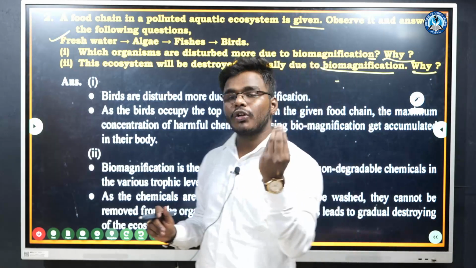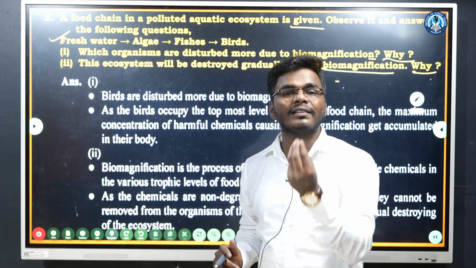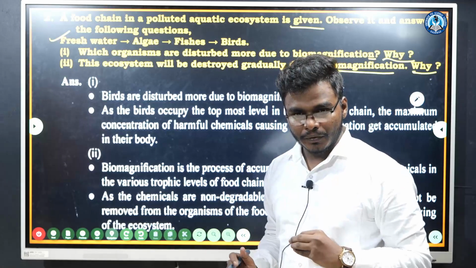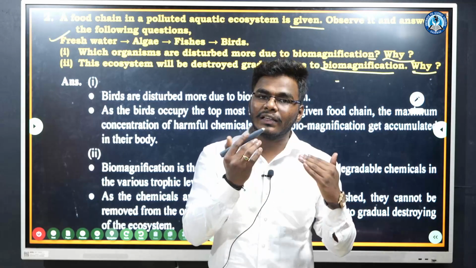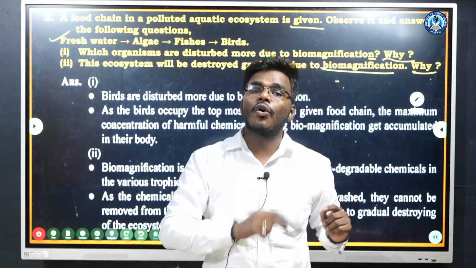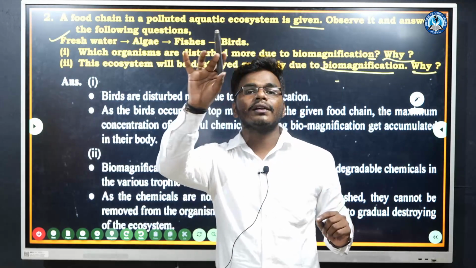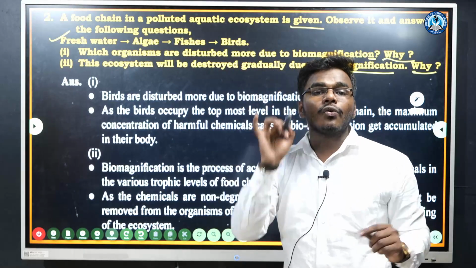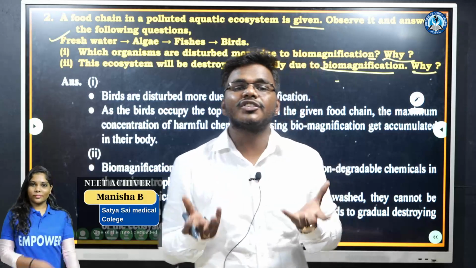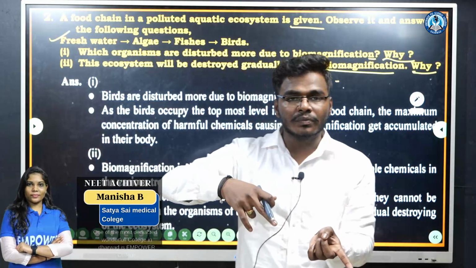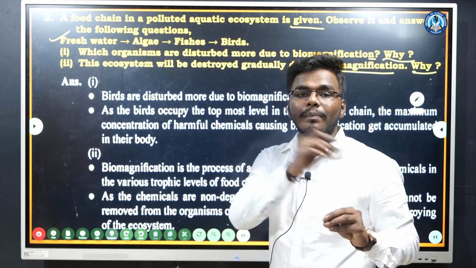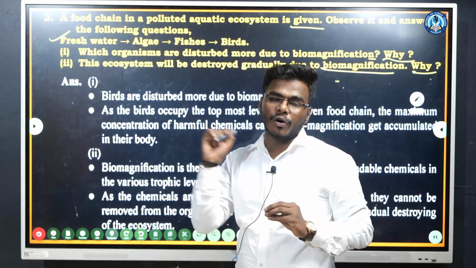So if the toxic substance is present in the grass, this grass is eaten by the sheep. So there is a transfer of the chemicals from the soil to the grass, then from the grass to the sheep. We human beings are sometimes dependent on the sheep, that is non-vegetarians. So when we consume them, there is a transfer of the chemicals from the sheep to our body.